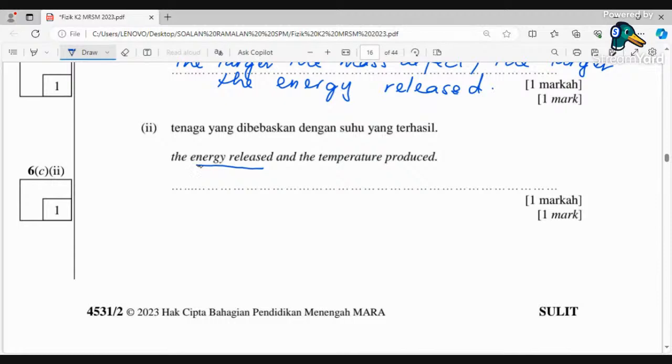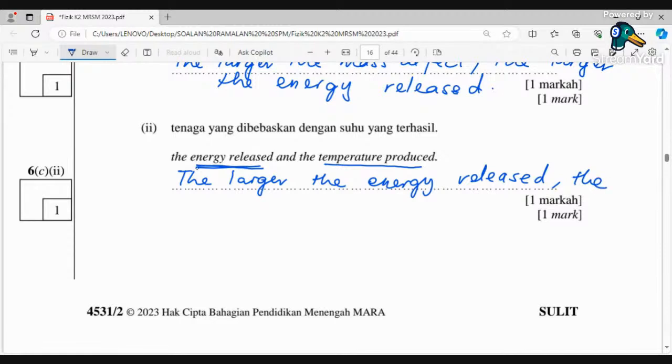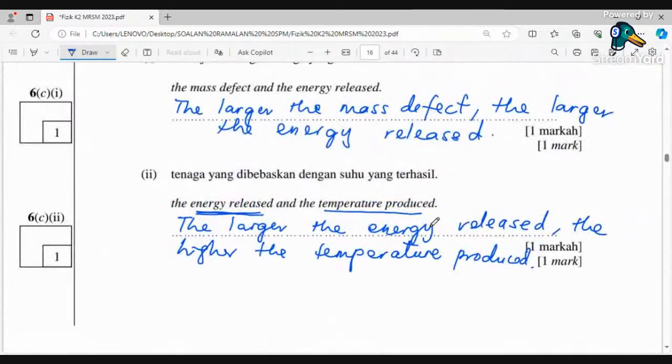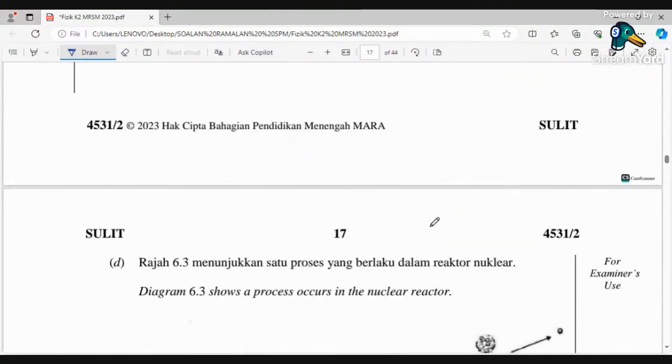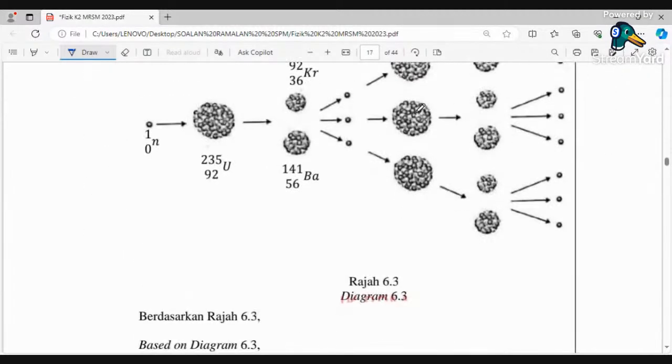As we know, when more heat energy is produced, of course the temperature will become higher. Okay, so the larger the energy release, the higher the temperature produced. So these are all relate. The way to relate is like how you write a hypothesis. Unless you use a formula, you can use directly proportional and so on. But for this, no need to use directly proportional. Use increase, decrease like that only.